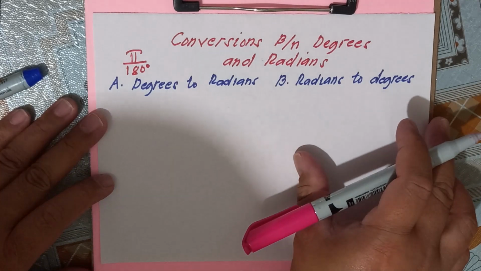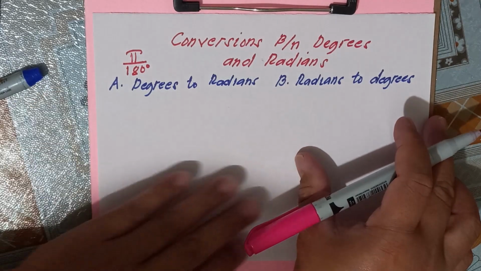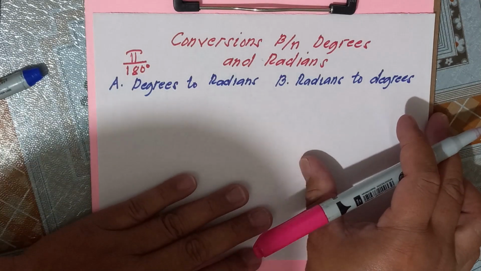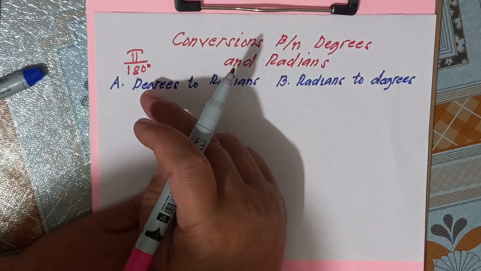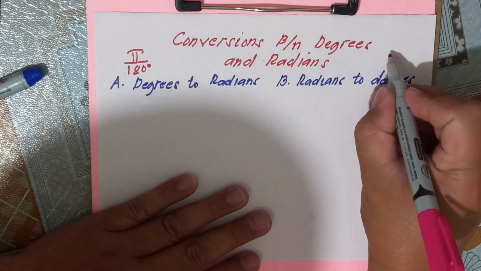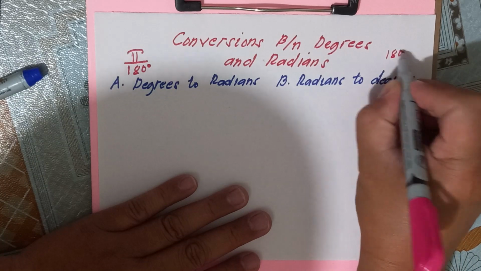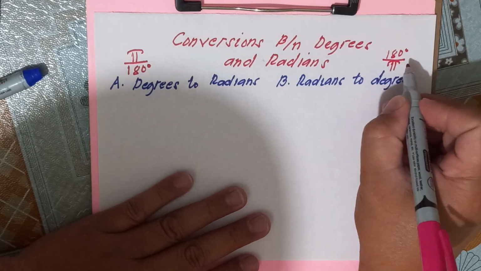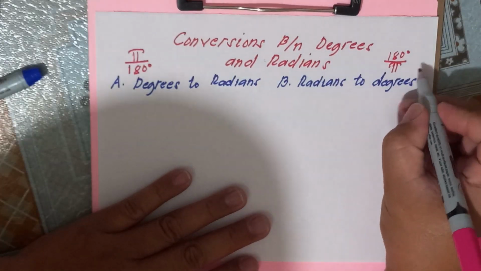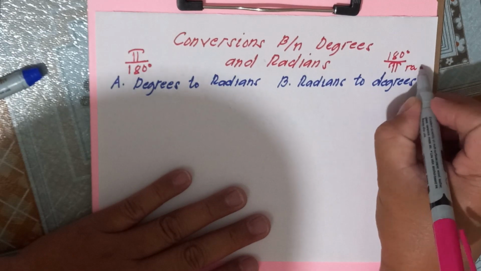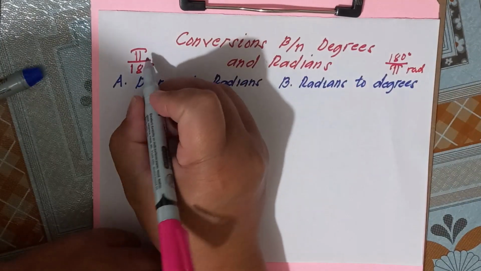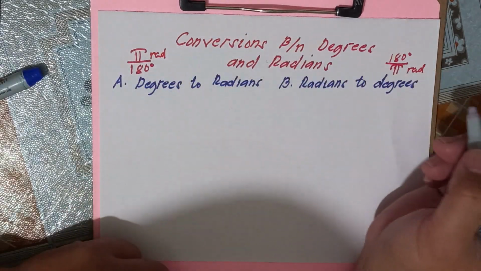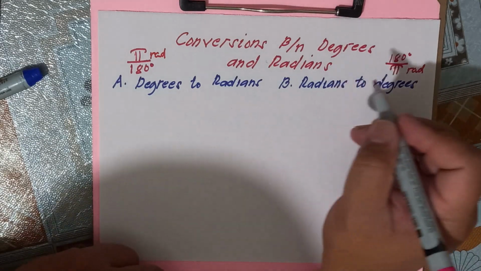And what about your multiplier when you have radian to degrees? You just reverse the pi over 180 degrees to 180 degrees over pi. Our pi in here has actually the unit rad, pi rad, or you can remove the word rad. These are the multipliers that we have.